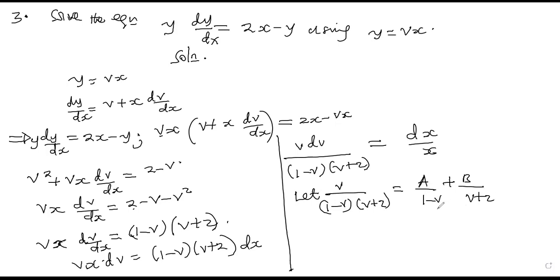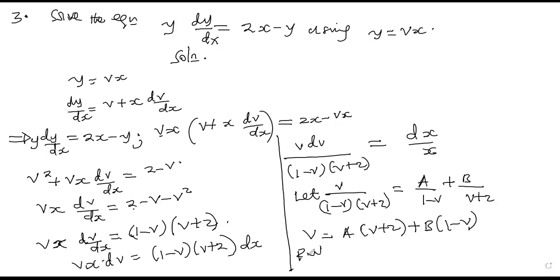These are partial fractions. So here you can solve for the values of a and b. It means that v is equal to a into v plus 2 plus b into 1 minus v.